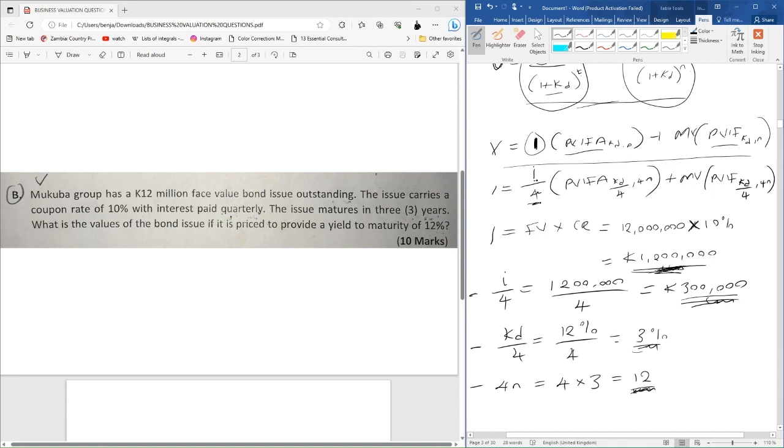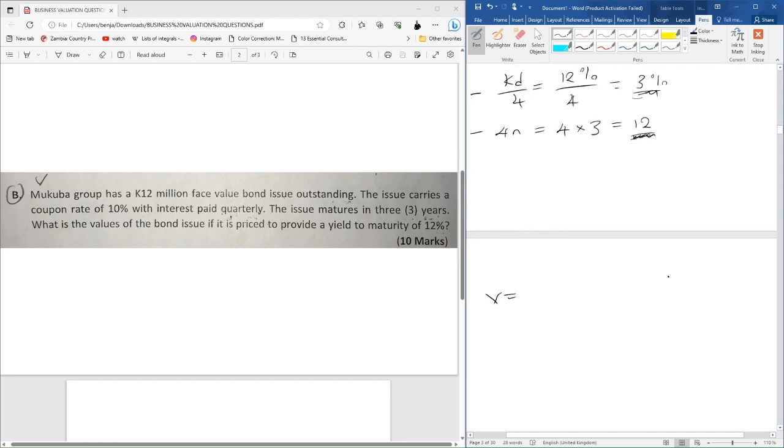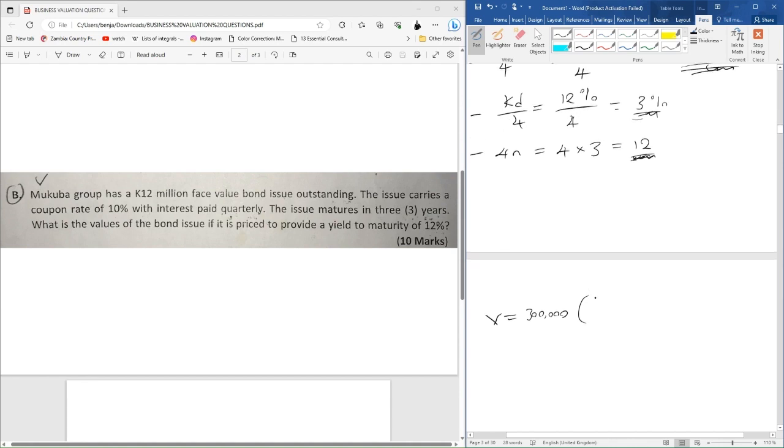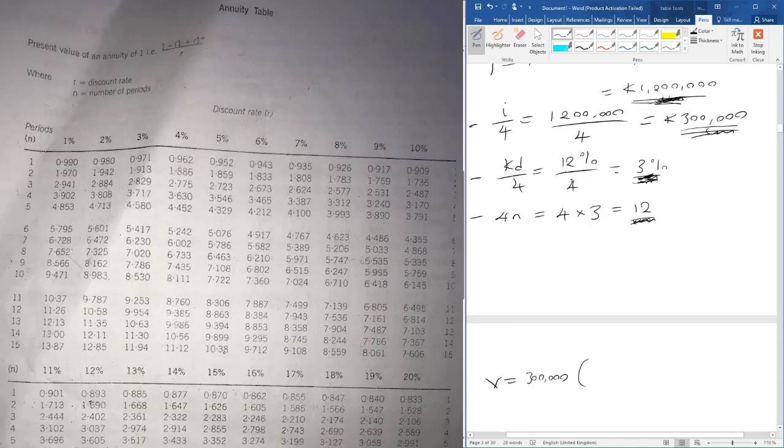the coupon divided by 4, which is quarterly, and we know that our I divided by 4 is what? It is 300,000 kwacha. That's what we're going to put there. Okay. Then we need to find our present value interest factor of an annuity. So when we go to our table, we're going to go down to where 3% is, and you know that our number of periods in quarterly form is what? 12 periods.